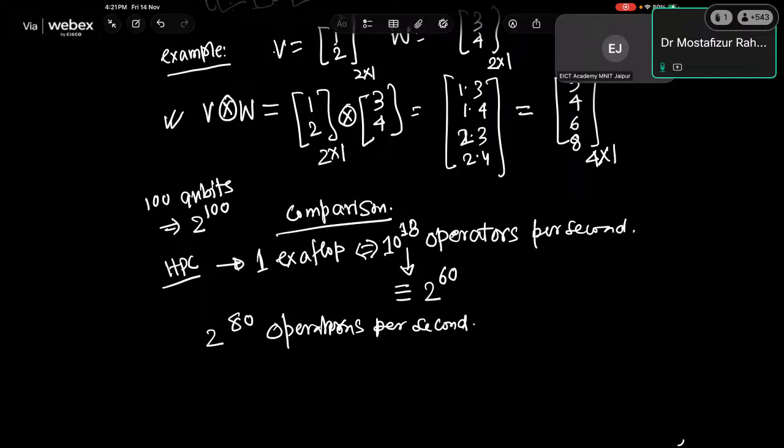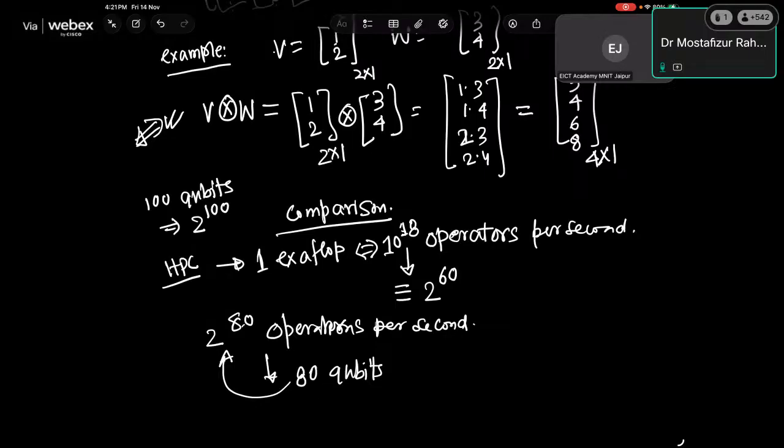So basically, then you only need 80 good quality qubits, because 80 qubits is very different from 80 bits, because it can create 2 to the power 80 computational basis states. That means it is so powerful using this superposition property.